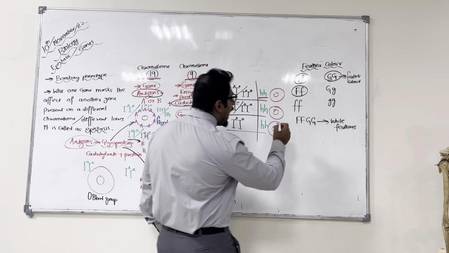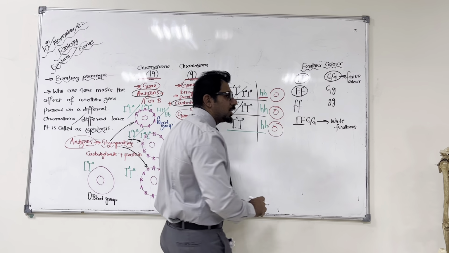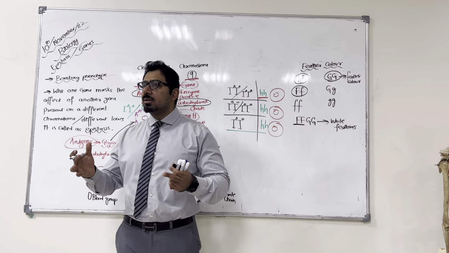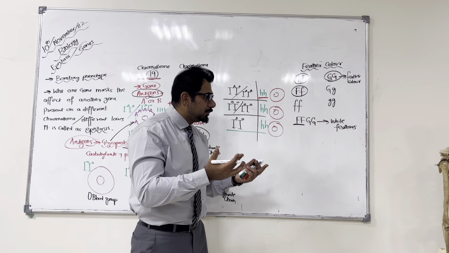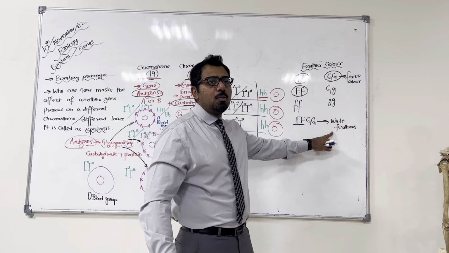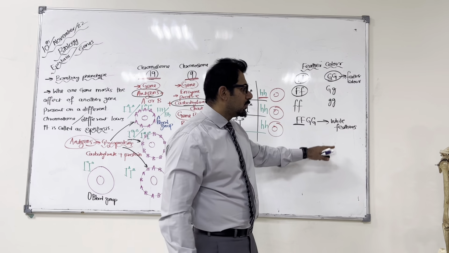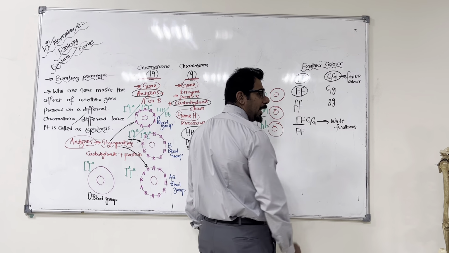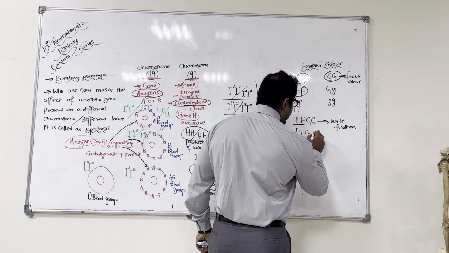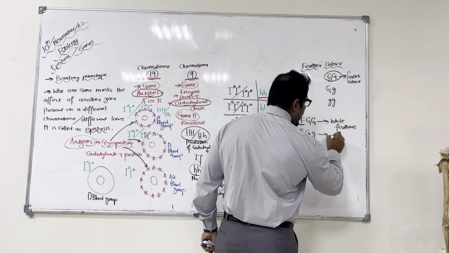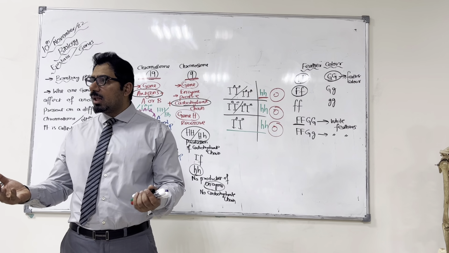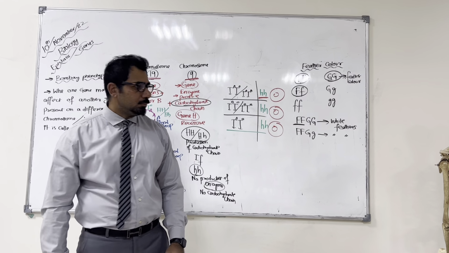But this F, when it is in dominant condition, has masked the effect of the G gene, the gene that produces the color. And it has become white color. There is another combination: capital F, capital G, small g. Still white feathers, even though one dominant allele is there.